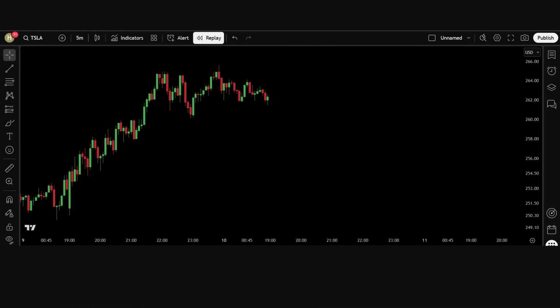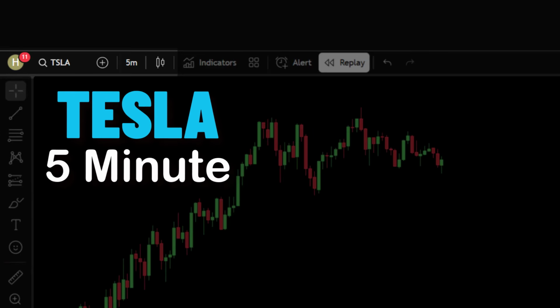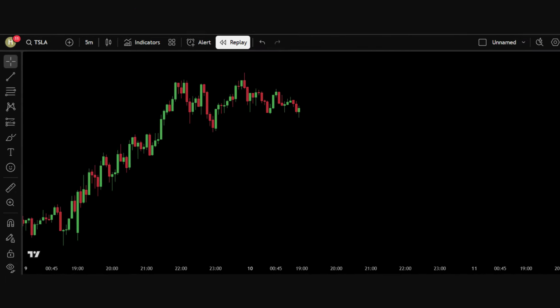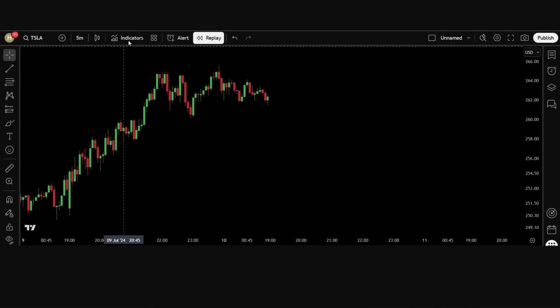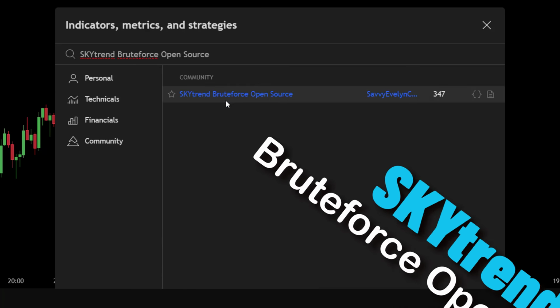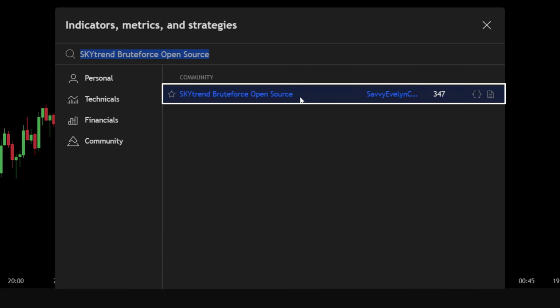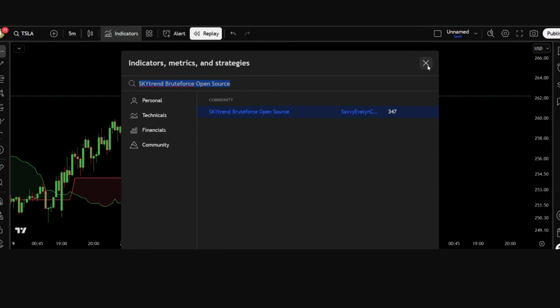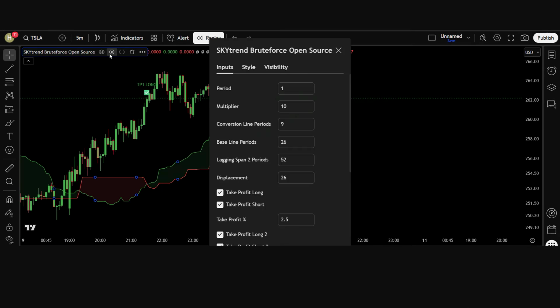So let's get started. Setting up the indicators. Open your chart. We're using Tesla 5-minute time frame. Go to Indicators. Search SKYtrend BRUTEFORCE open source. Add it to the chart. Adjust the settings. Set period 82 to 1.